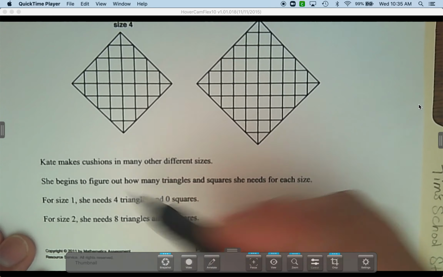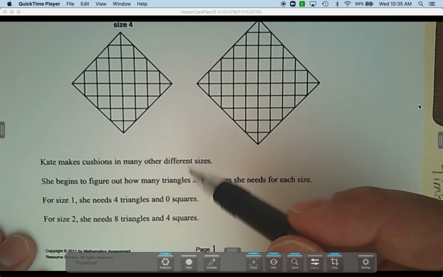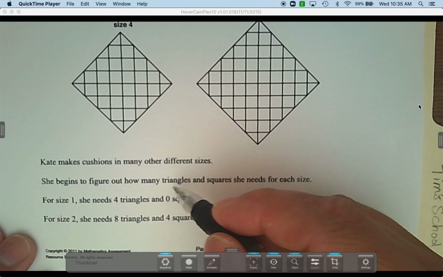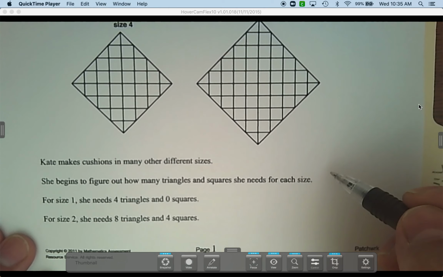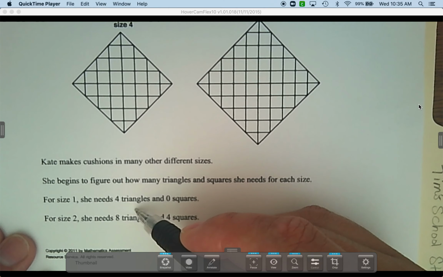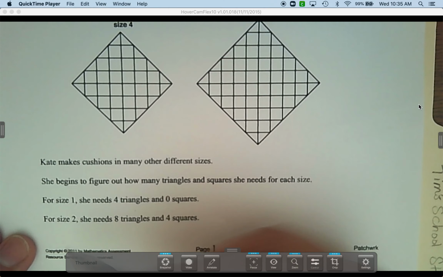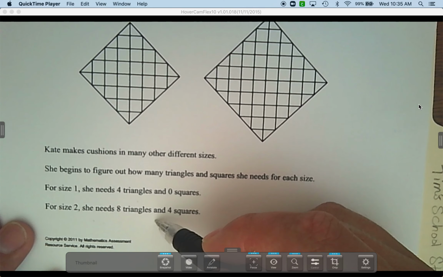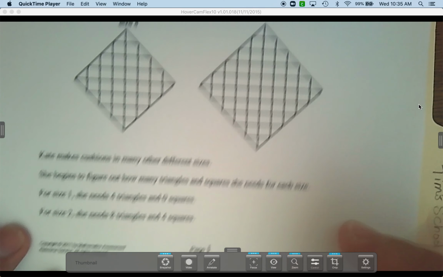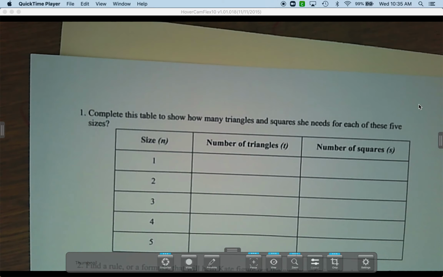So Kate makes cushions in many other different sizes. She begins to figure out how many triangles and squares she needs for each size. So like for size 1, we talked about it, we need 4 triangles and there's no squares. For size 2, she needs 8 triangles and 4 squares. So the first thing I want you to do is complete this table of values that's right here.